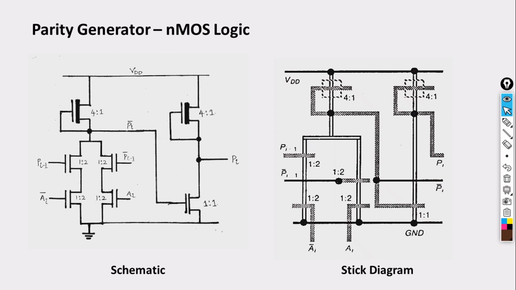Based on that Pi minus 1 input, we generate our output Pi. If input bit Ai is 0, there won't be any change. If it is 1, then my Pi will be the negation of Pi minus 1, that is Pi minus 1 bar.